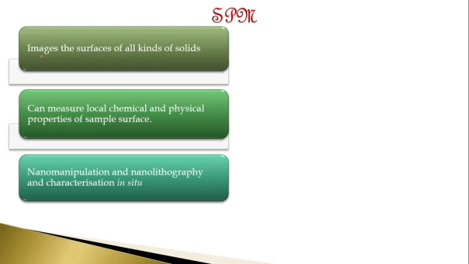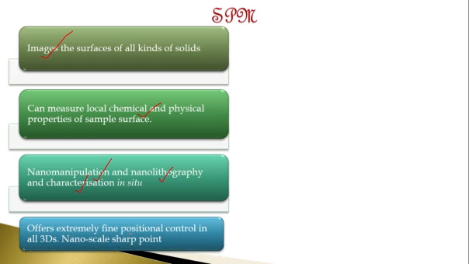At the same time you can get the image, the appearance of the surface, you can measure the chemical and physical properties, you can manipulate or do the lithography process, and characterization can also be done. It offers extremely fine positional control in all three dimensions. You can adjust in the height-wise direction, the length-wise direction, or the breadth-wise direction. In three directions you can manipulate how the atoms have to be arranged.